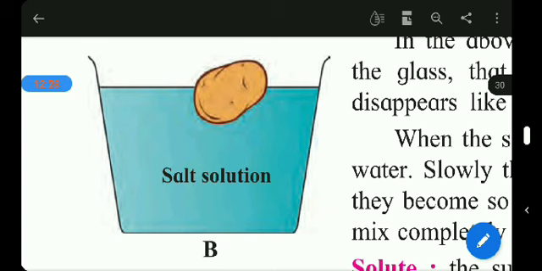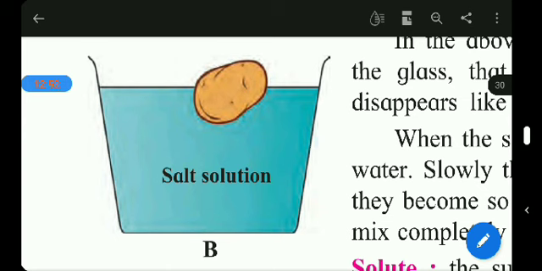Okay. Now these things we will see further. In the above activity, what inference can we draw from this? In the above activity, the salt dissolved in the water in the glass. That is, it disappeared, meaning it completely dissolved into it. And what happens when it disappears like this?